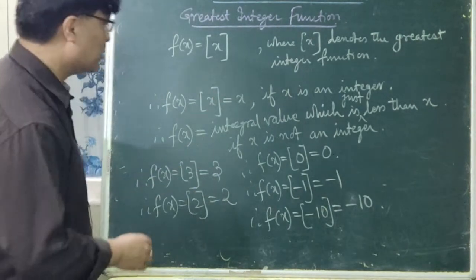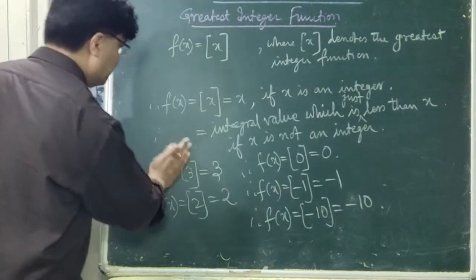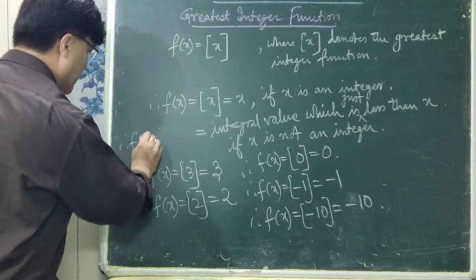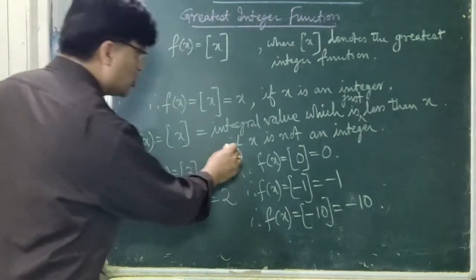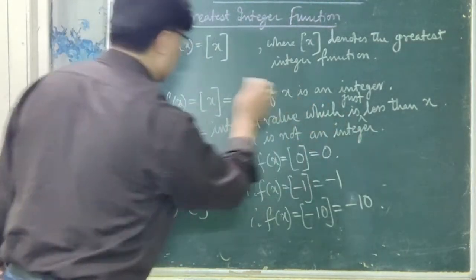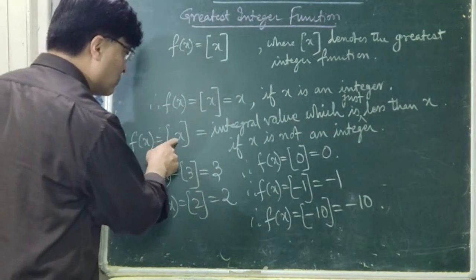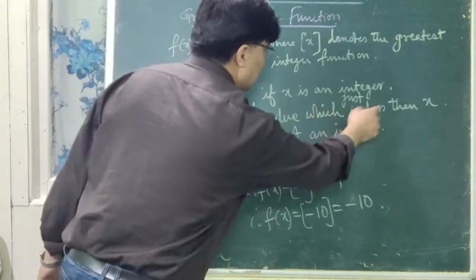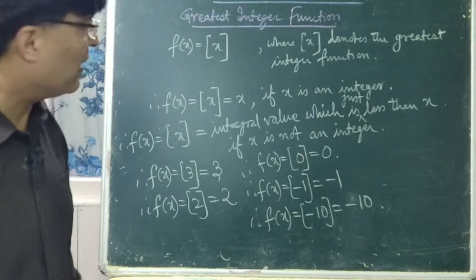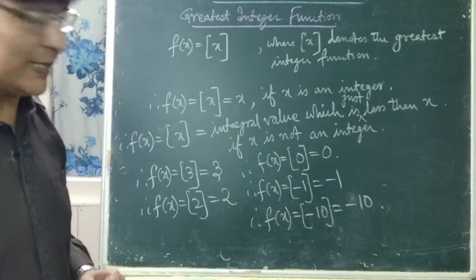So if x is not an integer, then what will you write here? If x is not an integer, then [x] will be equal to the integral value which is just less than x.